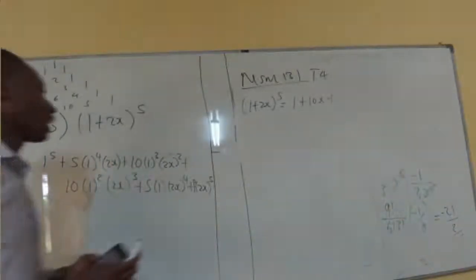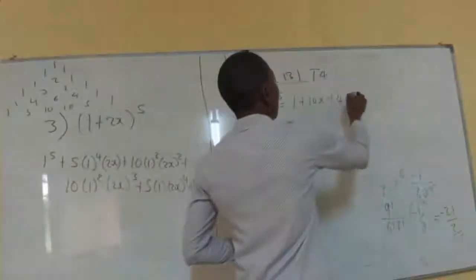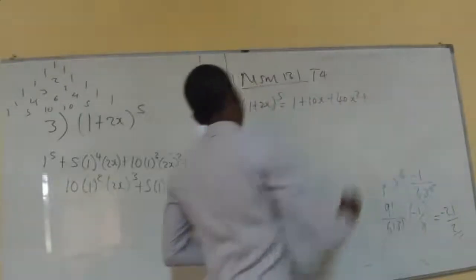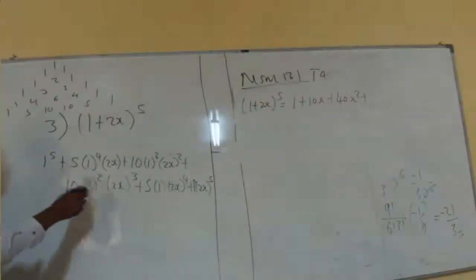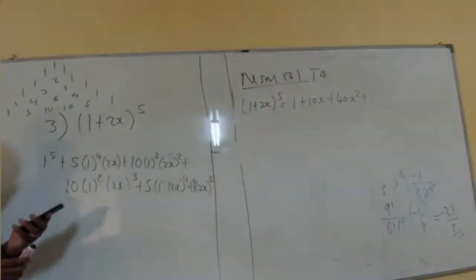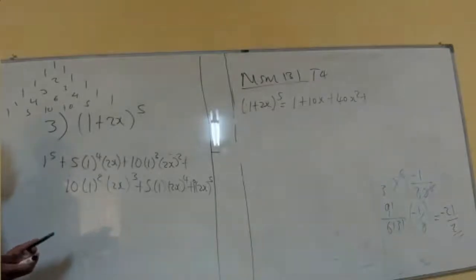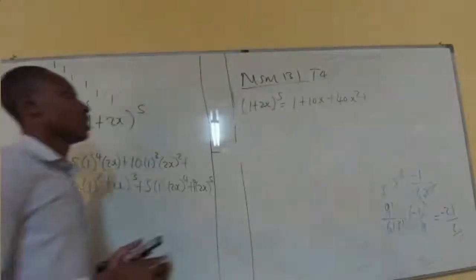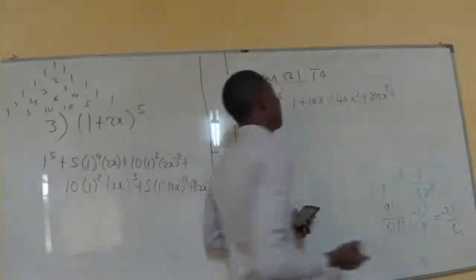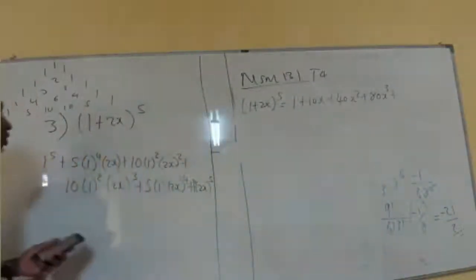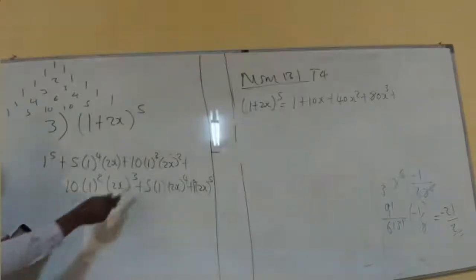So we have 40x squared plus the next one, we are multiplying 2 to the power 3, which is 8. 8 times 10 is 80, so we have 80x to the power 3, plus the next one, which is going to be 5 again.